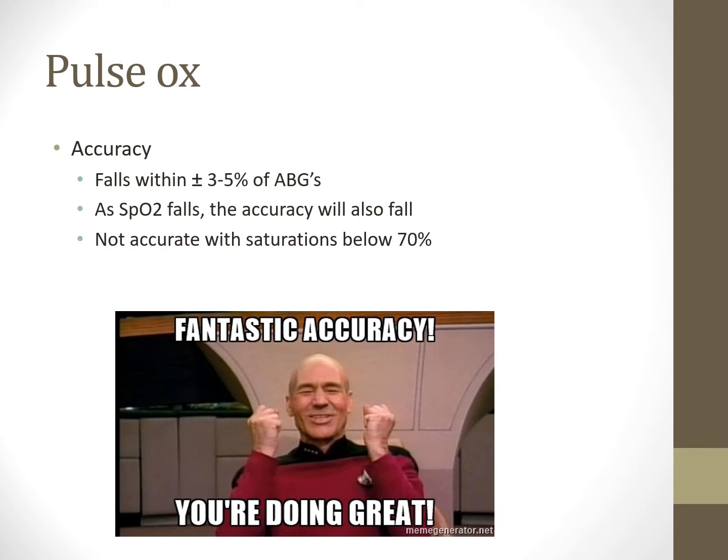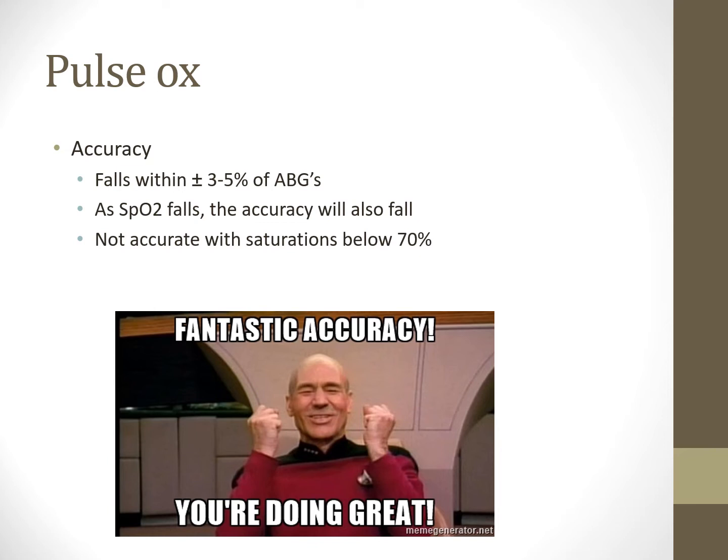All right, accuracy with the pulse ox should be within 3 to 5% of the ABG. So if your ABG is reading 97% saturated, so SaO2, and your SpO2, which is the pulse ox, is reading 97%, then that's within 3 to 5% of accuracy. They're correlating well, so that's a good sign.